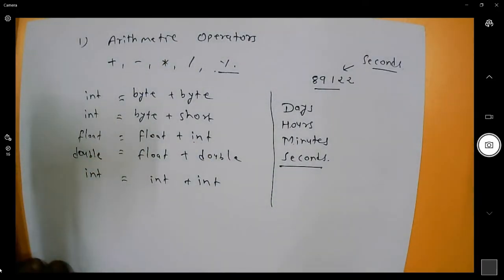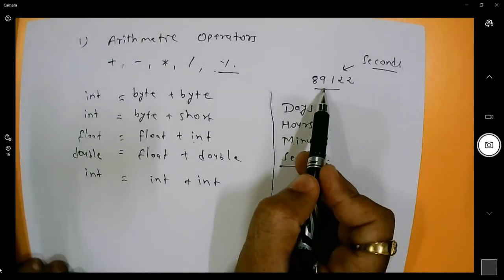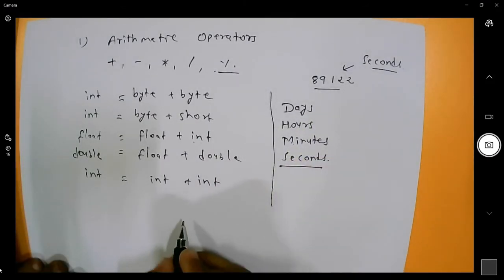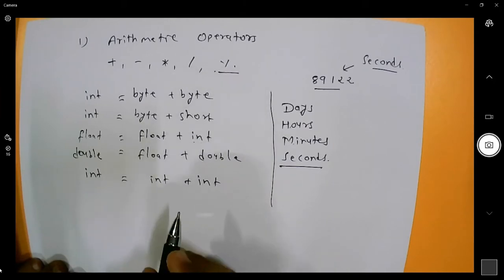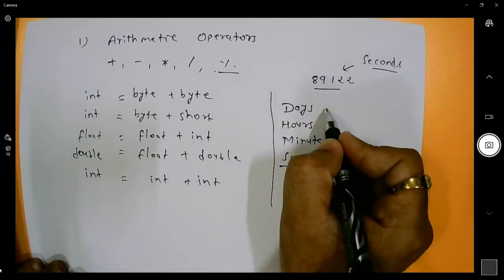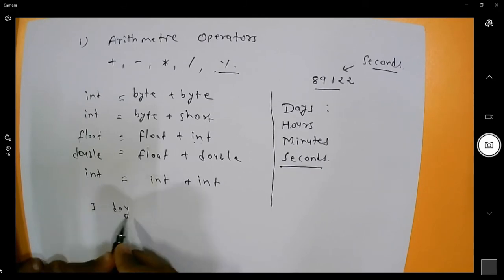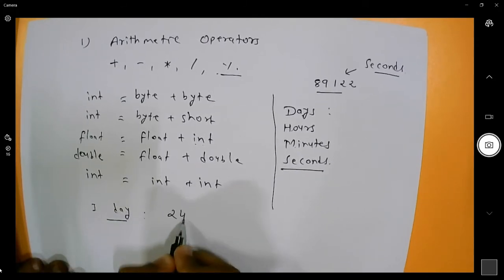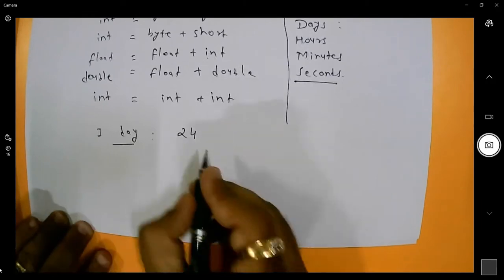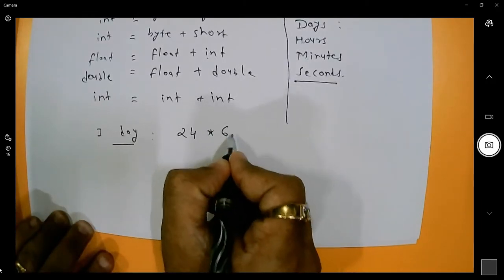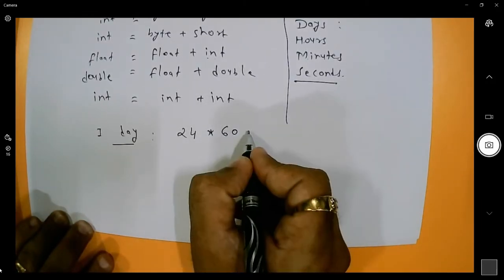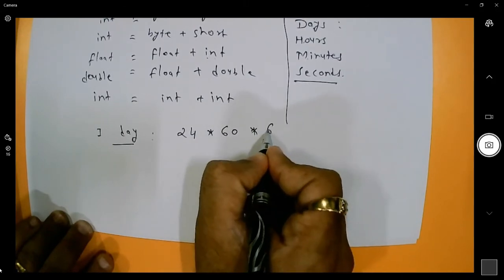How will the modulus operator work? It is very simple. This is my value, 89,122. So how many seconds are there in one day? In one day there are 24 hours. In each hour, 60 minutes. In each minute, 60 seconds.